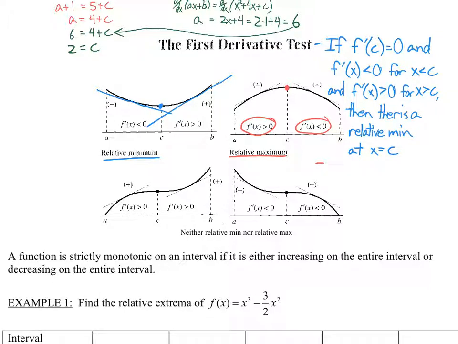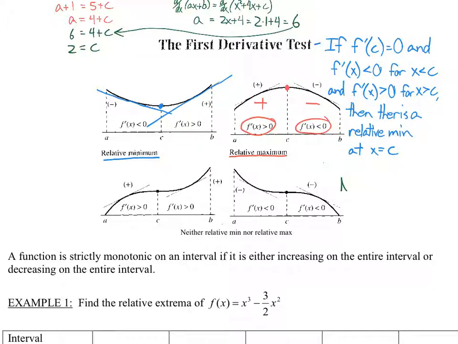So if the derivative is positive here and negative over here, then c is a local maximum. But then you have a third case, and that is when there is no change in sign.